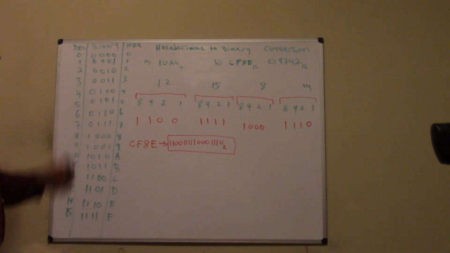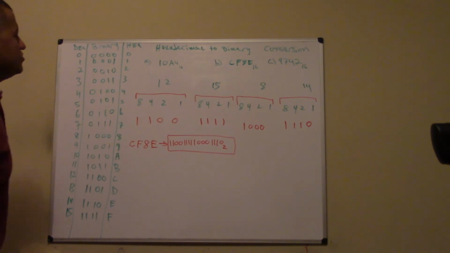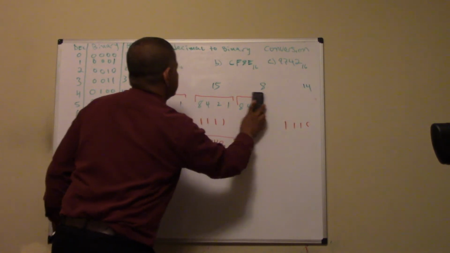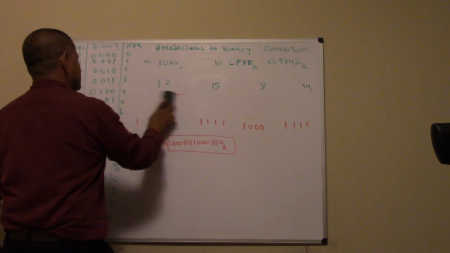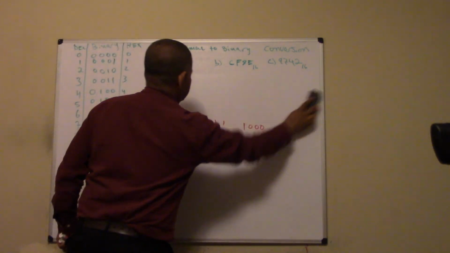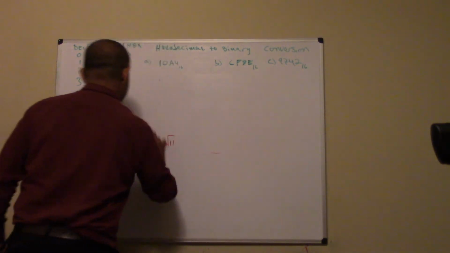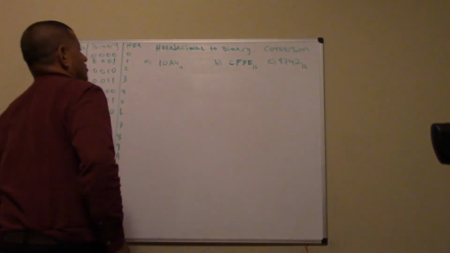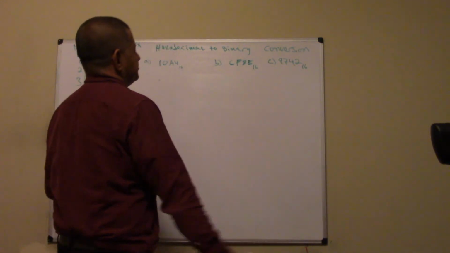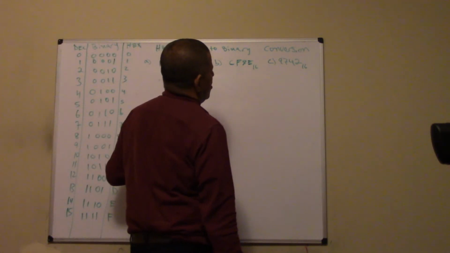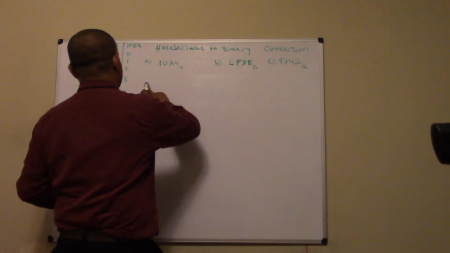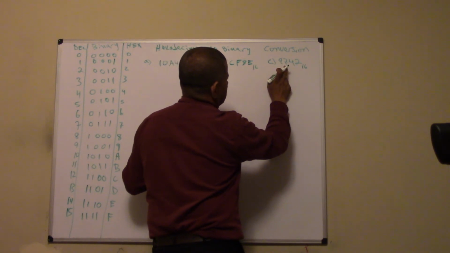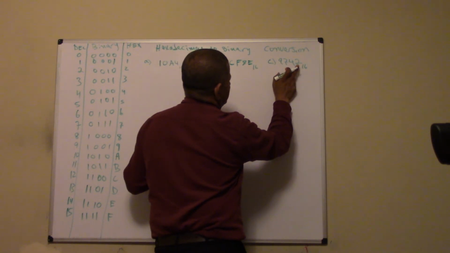Alright, so that's part B. So let's do part C. Part C, I got 9, 7, 4, 2.